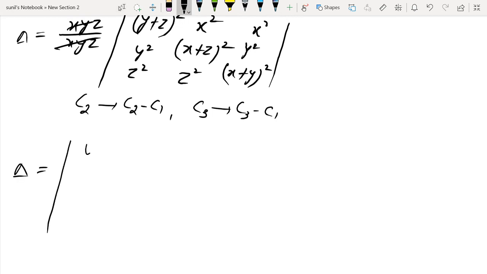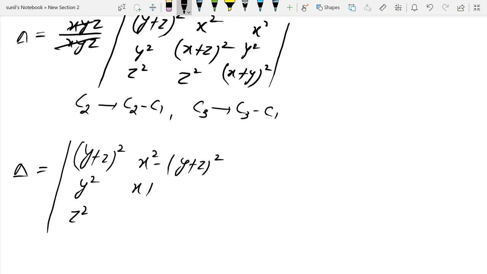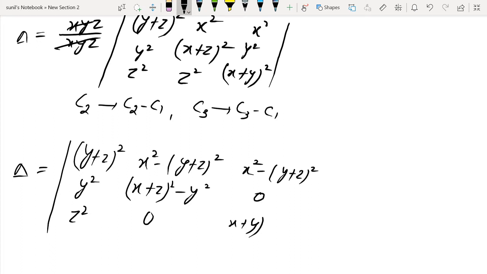Delta will be equal to Y plus Z whole square, Y square, Z square, and it will be X square minus Y plus Z whole square, X plus Z whole square minus Y square, 0, and X square minus Y plus Z whole square, 0, and X plus Y whole square minus Z square.